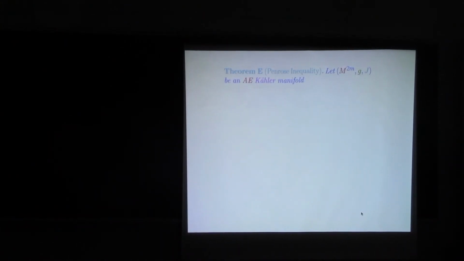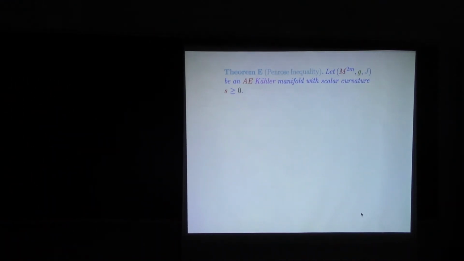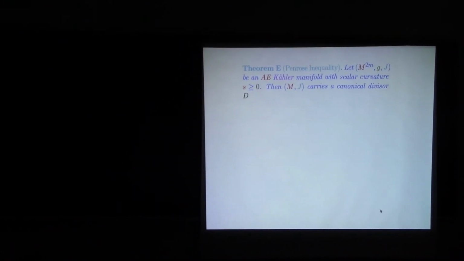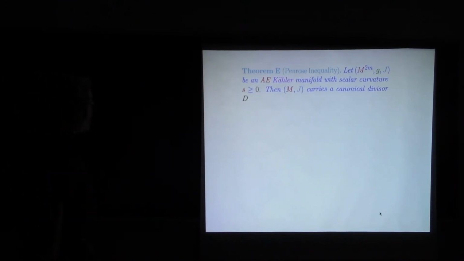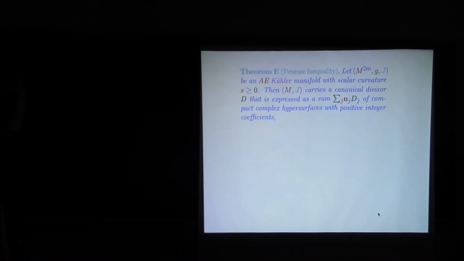In fact, if you have an asymptotically Euclidean Kaehler manifold with scalar curvature greater than or equal to 0, what you can show is that the underlying complex manifold has a nice holomorphic map onto Cm, which is a biholomorphism away from some compact set. And so in particular, there's a canonical divisor, which is a sum of compact complex hypersurfaces with integer coefficients, which represents the canonical class.